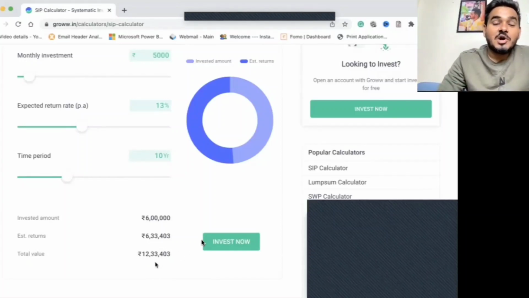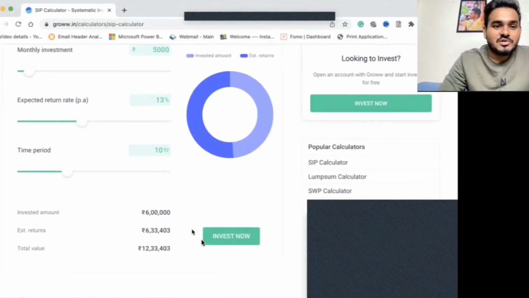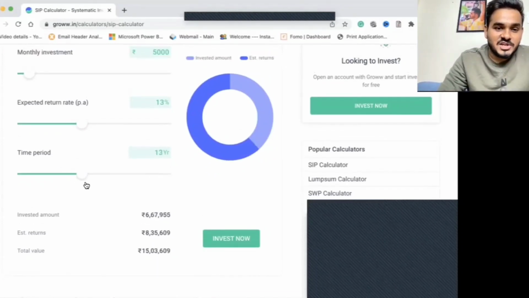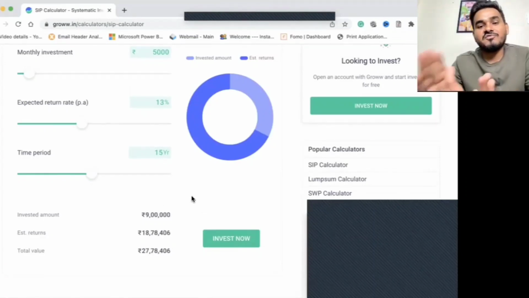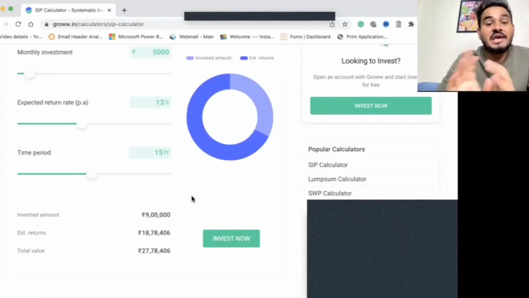See how powerful the compounding is. If you have invested for 15 years, you can see the difference. It will compound more. If you have invested 9 lakhs for 15 years by investing 5,000 every month, you can almost get 200% returns, and your total value will become 27 lakhs.